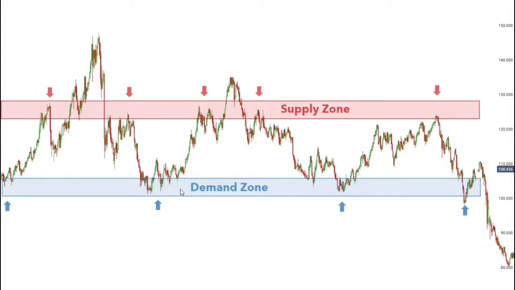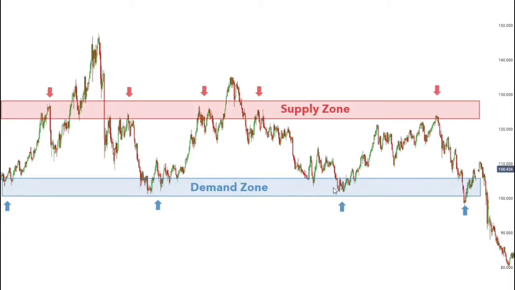So if you're looking at the demand zone here, as you can see, price has been bouncing off this area here. It has also been bouncing off this whole area here and this area here. So we know every time when price comes to this area, price is most likely to go up. So buyers are actually sitting in this zone.